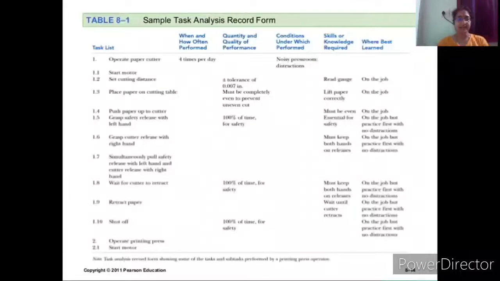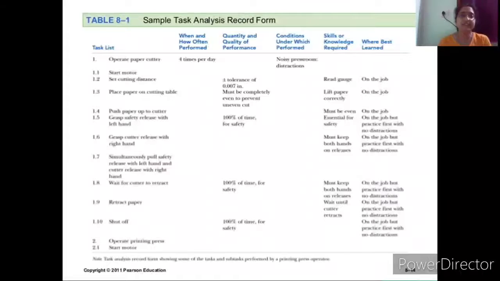Take an example of identifying the training requirements for a printing press operator. What we have on the left-hand side is a list of the tasks that the job of a printing press operator carries out. Job is a wholesome term, and within that job there will be several tasks. The job profile is that of a printing press operator.